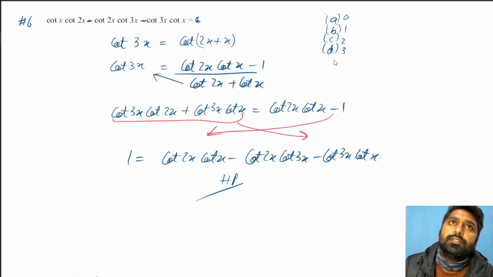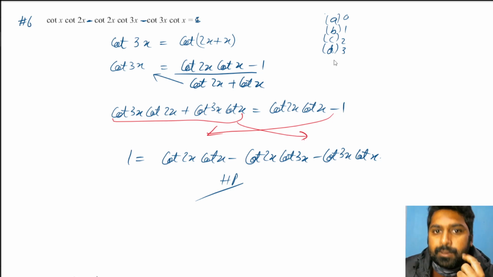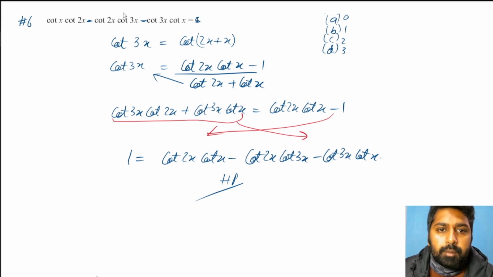The problem with that kind of approach is the question has to be in a very specific manner. So the idea is, if some expression of x is equal to a constant value, that means that particular expression is an identity, and an identity is always true for any value of x. I'll repeat the idea first of all.